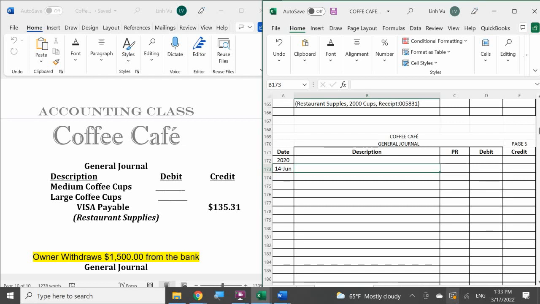You just put draw. Owner's withdrawal. Good. We're going to use the account owner's withdrawal. Because he's taking money out from the company.